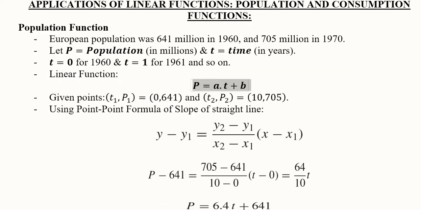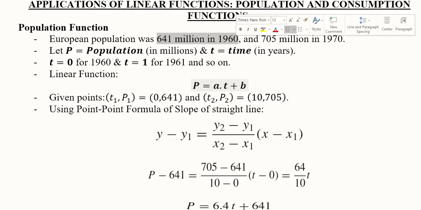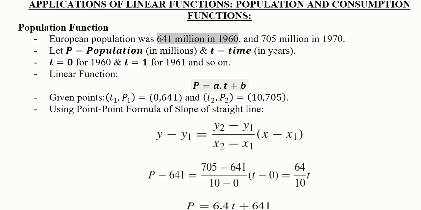Now we have two values. Time at a certain point, that is now, T has a value of 0, and after 10 years, that is in 1970, T will be equal to 10, and the population will be 705 million.